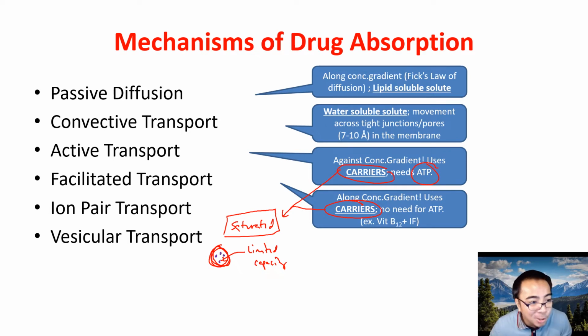So since it saturates, class, one of the pharmacokinetic equations that we can apply here to describe the entire system is what we call the Michaelis-Menten equation. Okay, the Michaelis-Menten equation. It's an equation, class, that describes saturation kinetics.